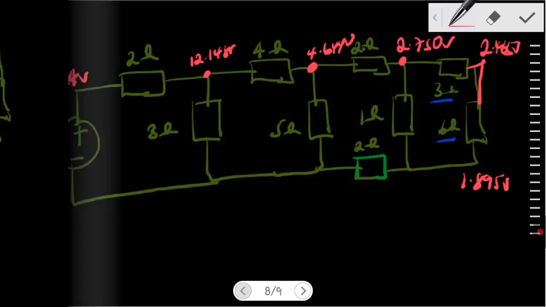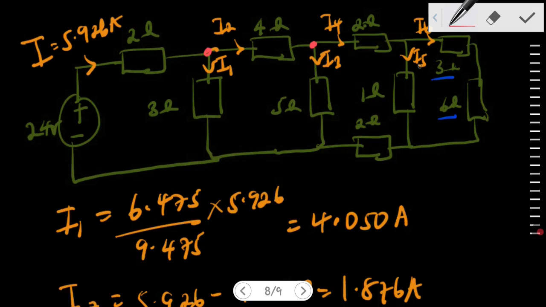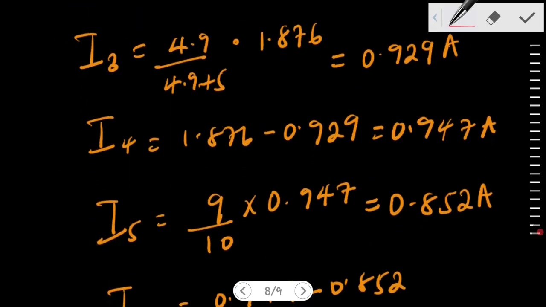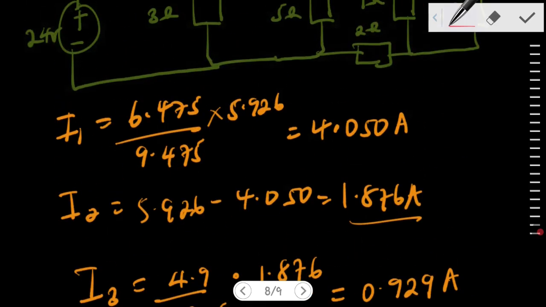Now, there's current that went through the 1 ohm resistor. If you look from this diagram, I5 went through the 1 ohm resistor, so I5, 0.852, times 1, we still have that, right?